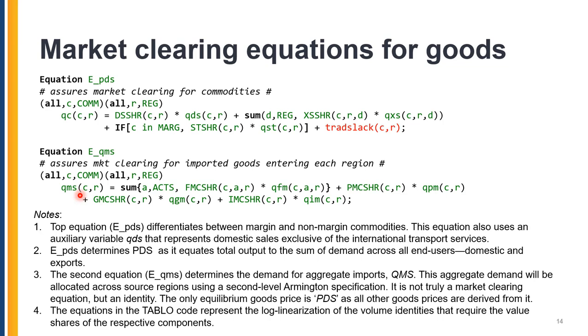You decide to bring in a certain amount, and it's going to be distributed between the firms that want to purchase, the private household that wants to make the purchases, the government that wants the purchase, and the imports. And so here's the total import bundle in percentage change, and it's going to be share weighted.